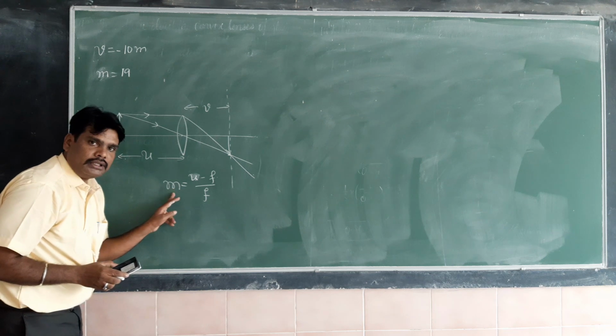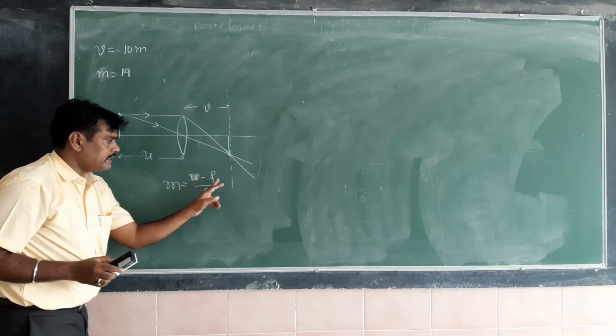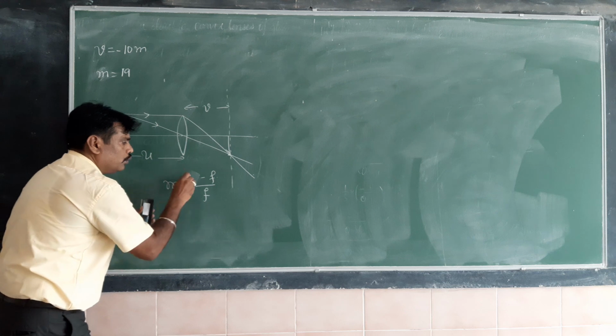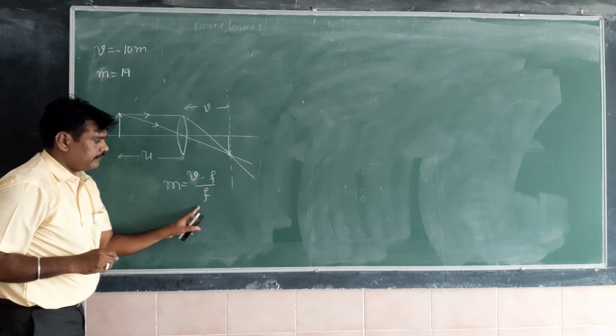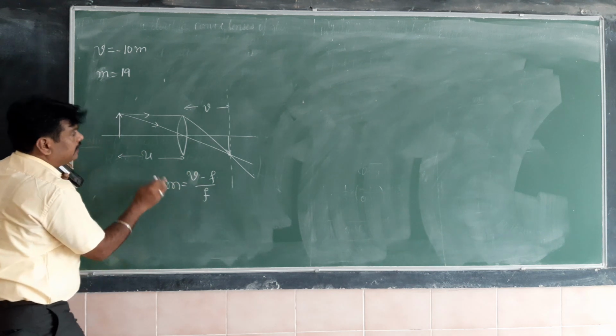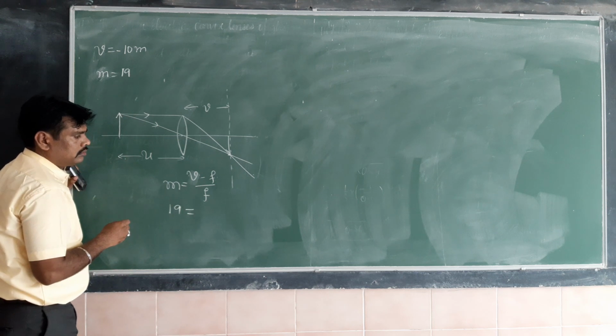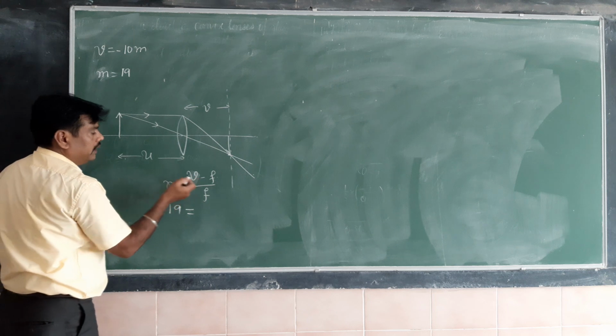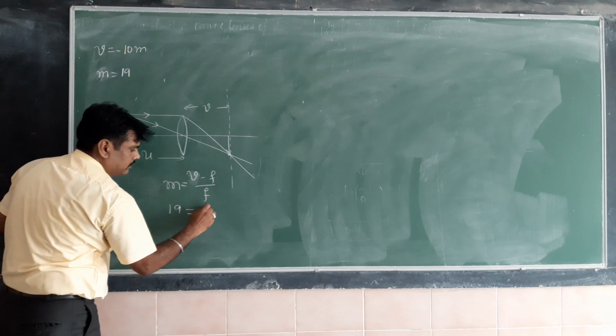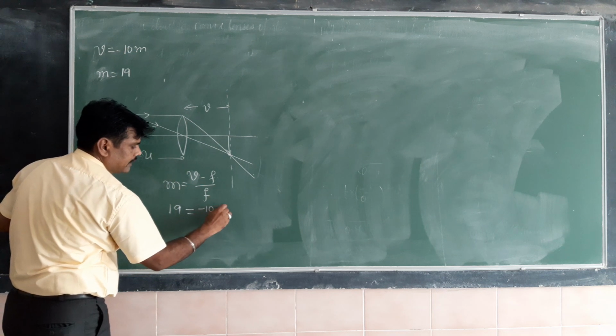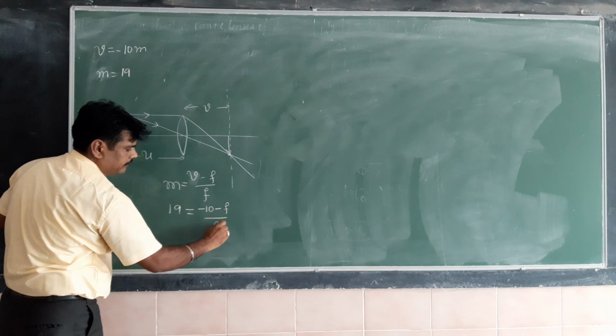So magnification is equal to v minus f divided by f. To simplify for f, magnification is given 19, which is equal to v, v is equal to minus 10, minus f divided by f.